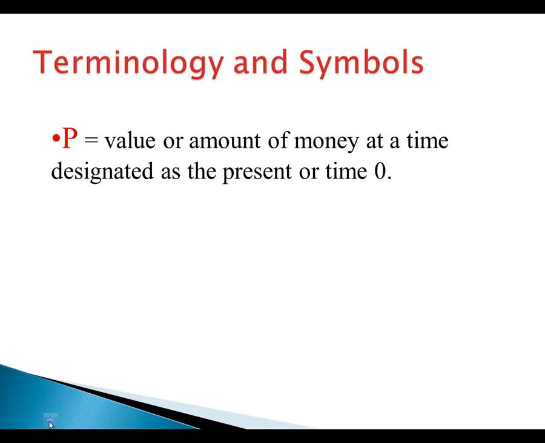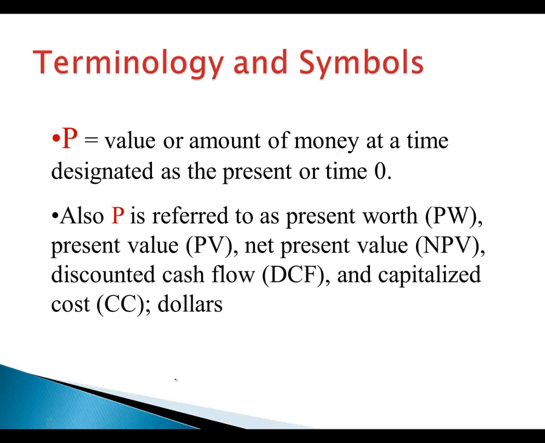So back to our terminology and symbols. The P is equal to the value or amount of money at time designated as the present time, at time 0. That's why we call it P. Sometimes they call it present worth, so you will see that in the book or other books. Whether it's PW, present worth, or present value, it is the same as the P that we studied.